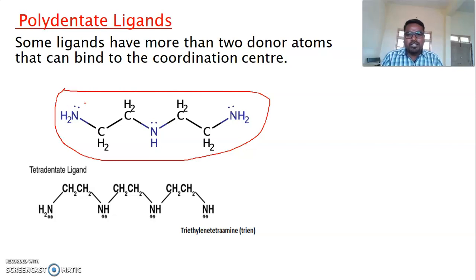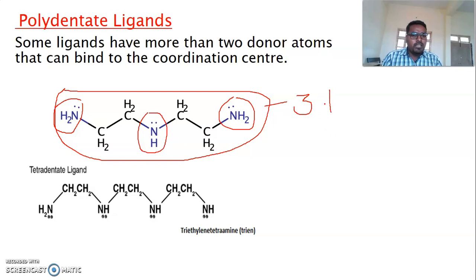You just observe here, in this ligand 3 amino groups are there. In each, the nitrogen atom acts as a donor atom. So totally there are 3 nitrogen atoms, 3 donor atoms. That's why it forms 3 covalent bonds.